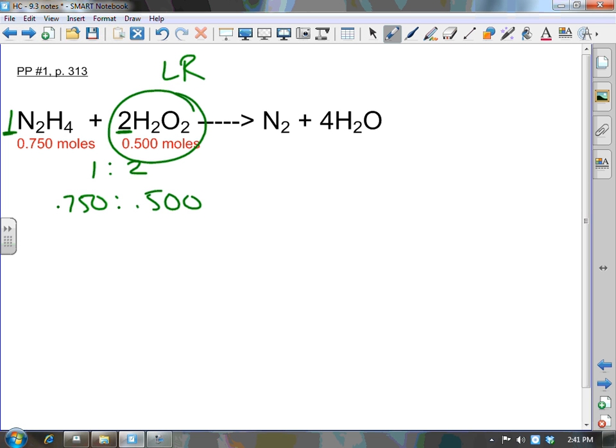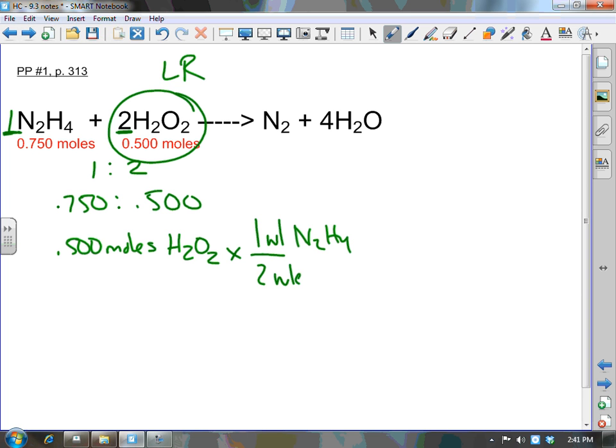Okay. How much of the excess reactant remains unchanged? Well, here's what we basically do. If I use up all of the H2O2, I'm only going to need half as much N2H4. Or think of this as an A to B problem. If I have 0.500 moles of H2O2, I am only going to need 1 mole of N2H4 for every 2 moles of H2O2.